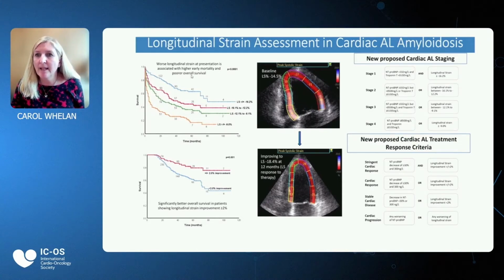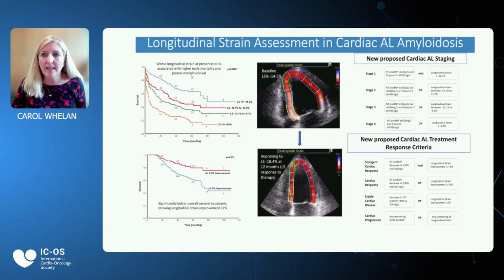Stage 1 is when the NT-proBNP is less than 332 nanograms per litre and the troponin is less than 0.035 nanograms per litre, and the longitudinal strain is -16% or better. Stage 2 is when the NT-proBNP is more than 332 nanograms per litre, but less than 8,500 nanograms per litre, or the troponin is more than 0.035, or the longitudinal strain is between -16 and -12.